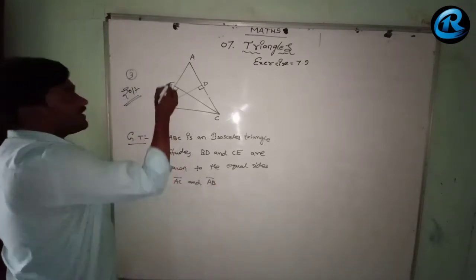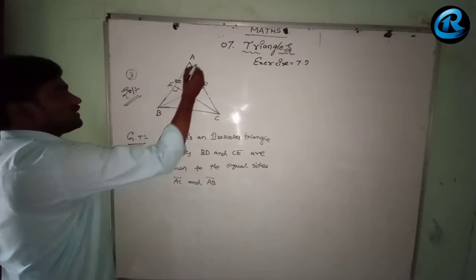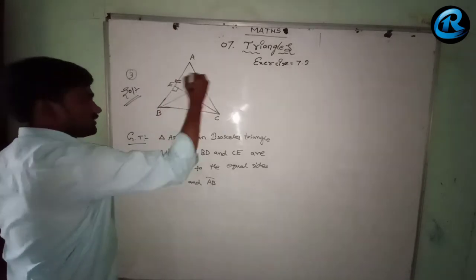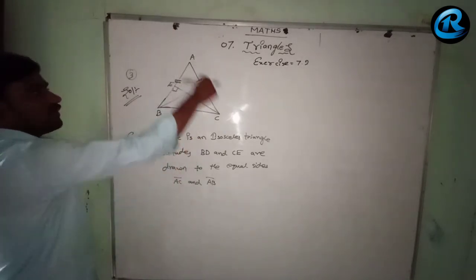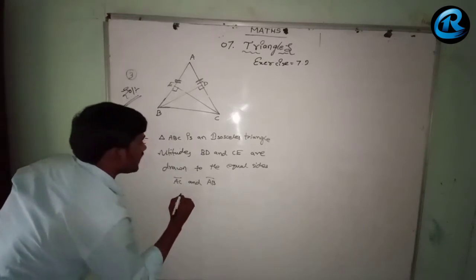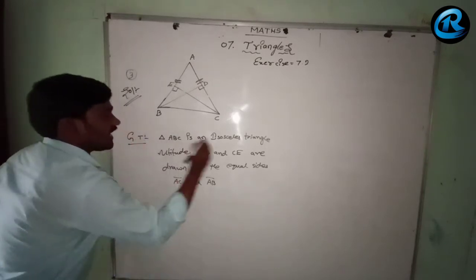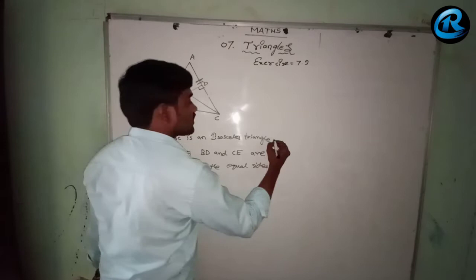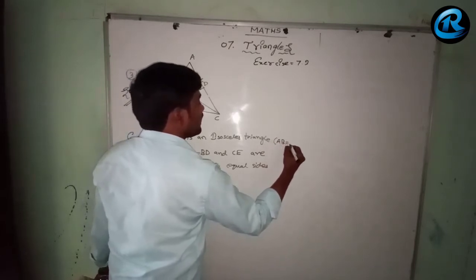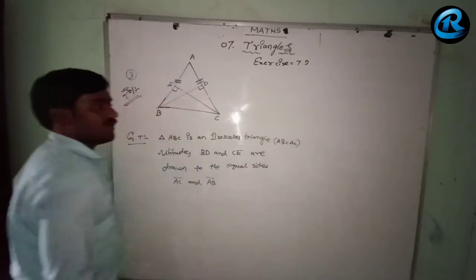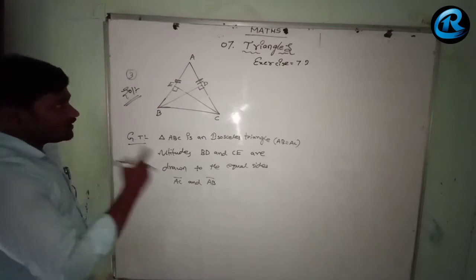Here AB equal to AC. Okay, AB and AC are equal. It is an isosceles triangle with AB equal to AC. So these are finished now.